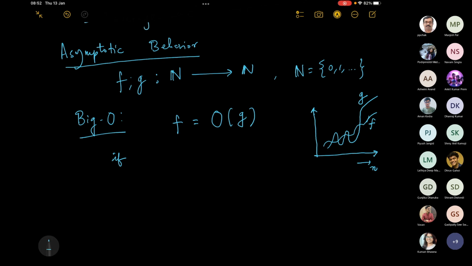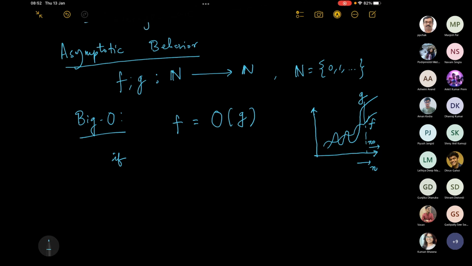But after some time, beyond some n naught, g always dominates f. That is the spirit, and that's not enough, so we go to the exact definition.